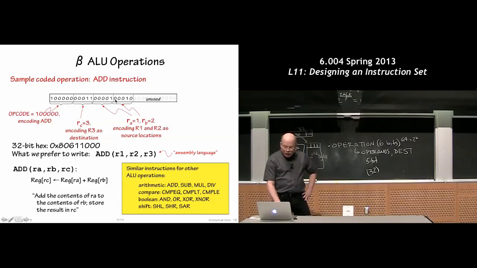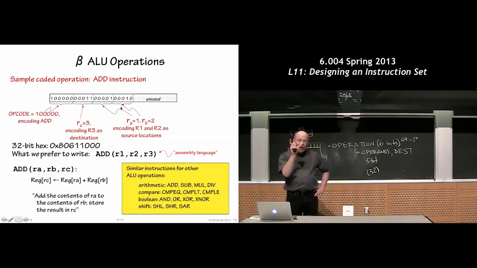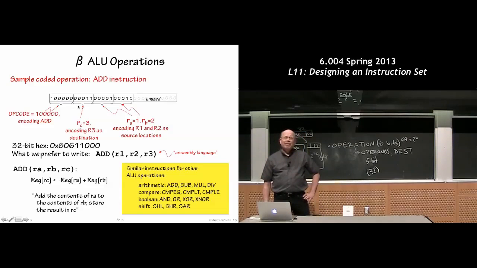And you can see we've encoded 00001 as the encoding for register 1 in the RA field, and the binary value for 2 in the RB field. So that specifies: please read register 1 for the A operand, and register 2 for the B operand. And this is the operation I want you to perform. I've encoded add using this particular combination of the 6 bits, and put the answer back into register 3.